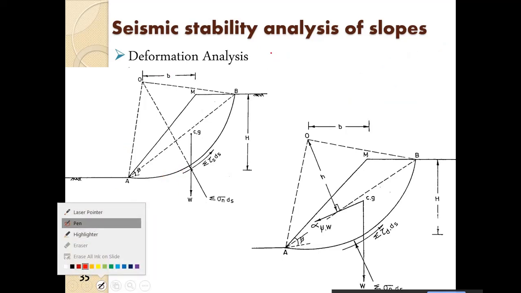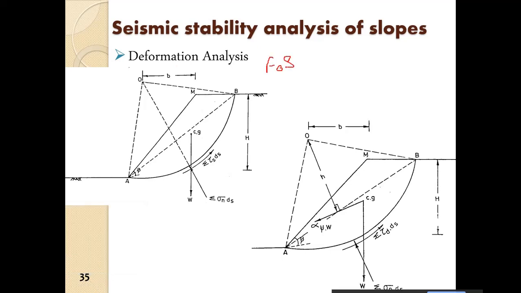So we have the factor of safety equal to stabilizing moment by destabilizing moment. We divide the arc of the slip surface into a number of equal divisions. Let us say this is ds, the length of this arc.